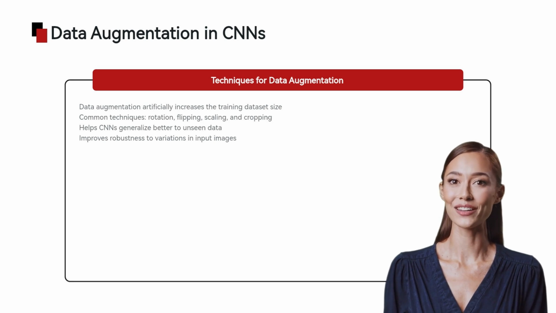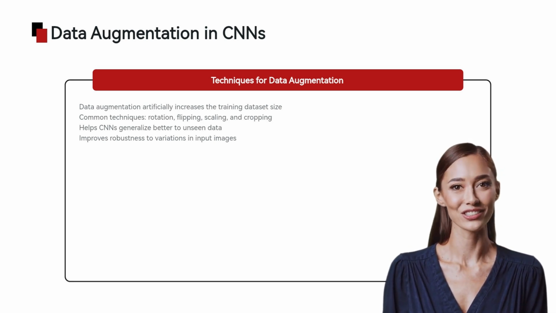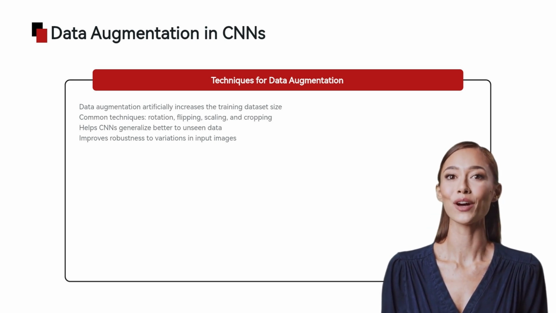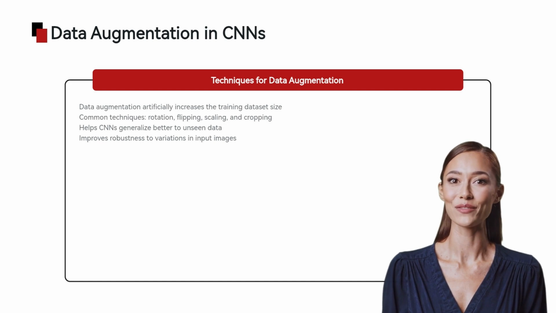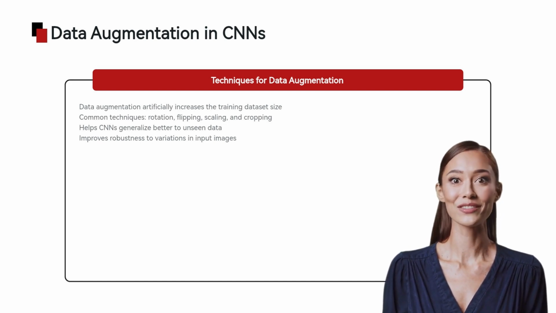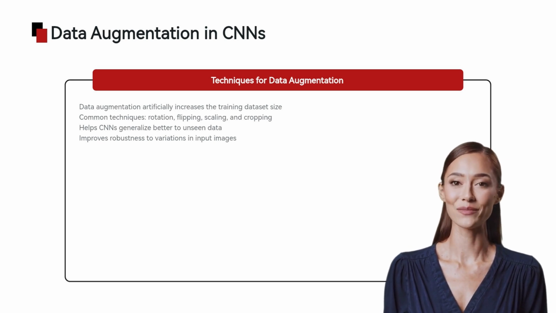Data augmentation is particularly useful in scenarios where the available labeled data is limited. It prevents overfitting by exposing the network to a wider variety of images, making it generalize better to unseen data. By artificially increasing the size and diversity of the training set, data augmentation helps CNNs become more invariant to transformations in the input data.